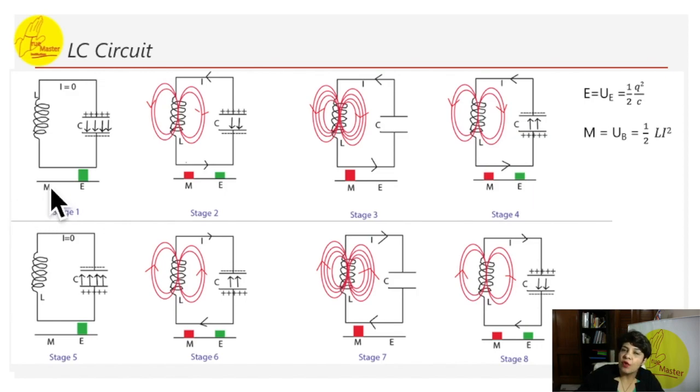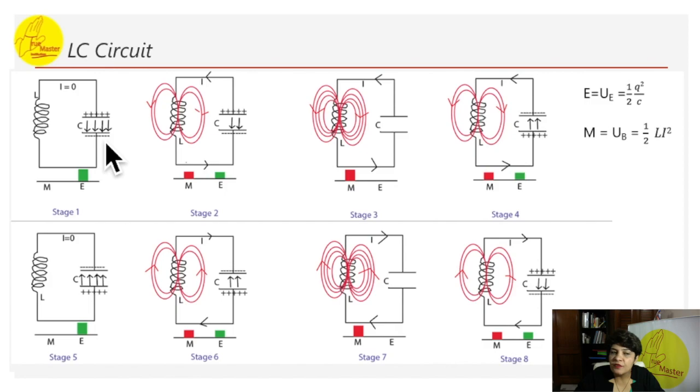Here we have already removed the battery, and this capacitor has been completely charged by the battery before the battery was removed. All the 4 arrows shown here between the positive and negative plates indicate that the capacitor is fully charged.